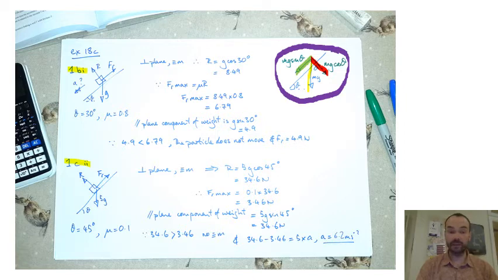Okay then, so 1B1, the angle is 30, mu is 0.8, and the mass is 1 kilogram. So we've just got g here.